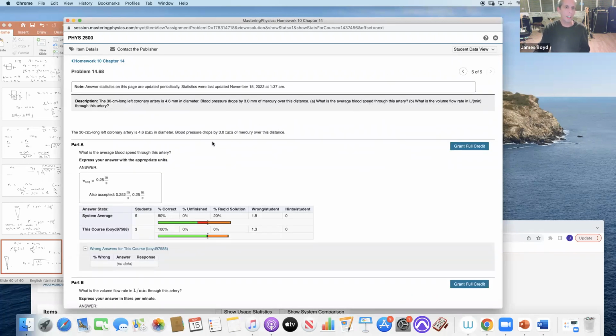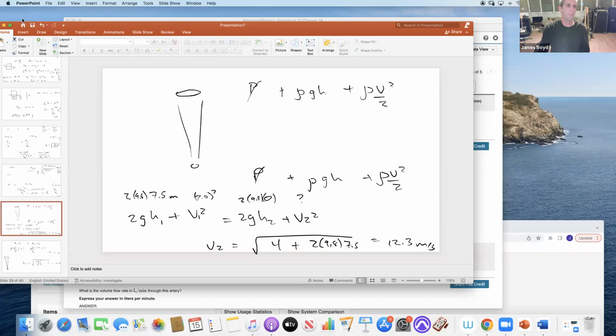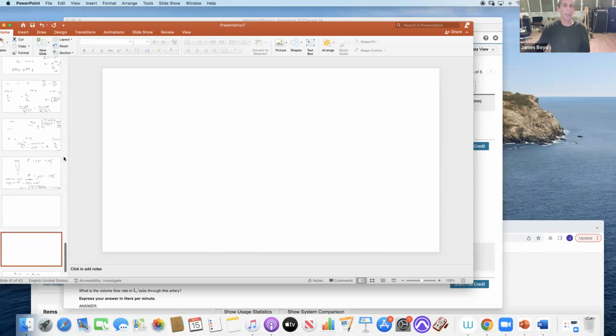And then coronary artery diameter, blood pressure dropped by 3 millimeters of mercury over this distance. So one last thing. Now, P1 plus rho G H1 plus rho V1 squared over 2 is P2 plus rho G H2 plus rho V2 squared over 2.